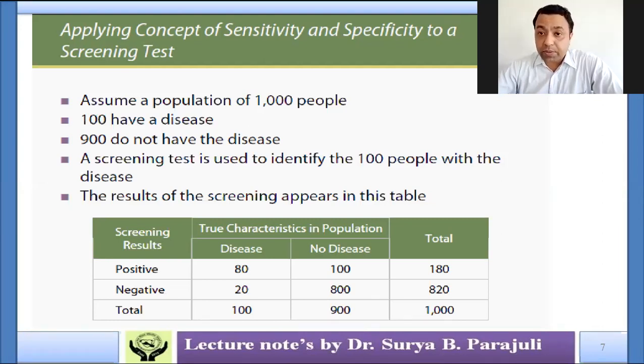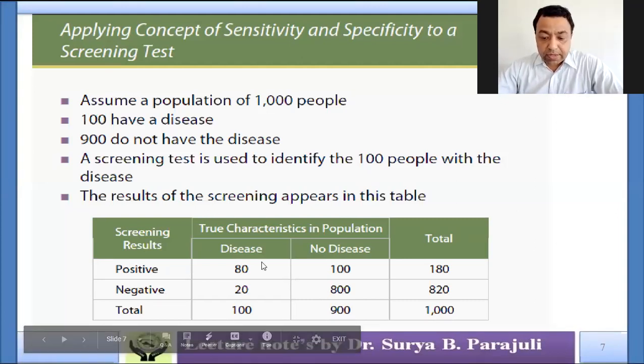We can easily calculate the sensitivity and specificity of the RDT kit in the context of our country. So we have PCR data, we have RDT data. So we can construct a 2x2 table, and we can easily identify sensitivity, specificity, positive predictive value, and negative predictive value. So if any student is interested, we can work together too.